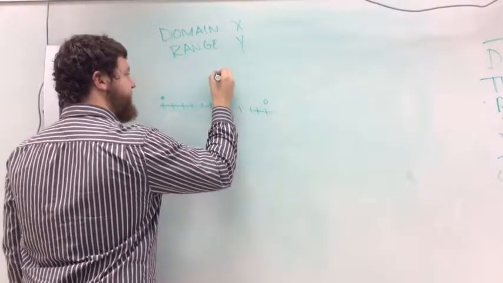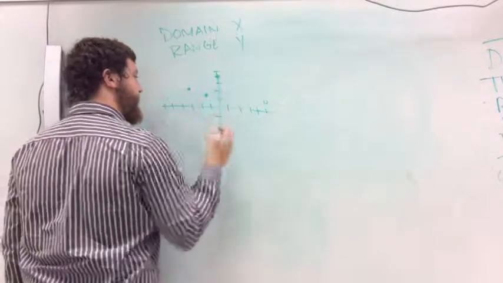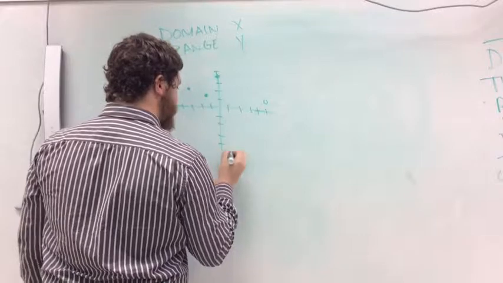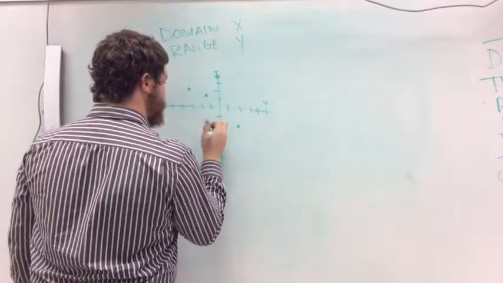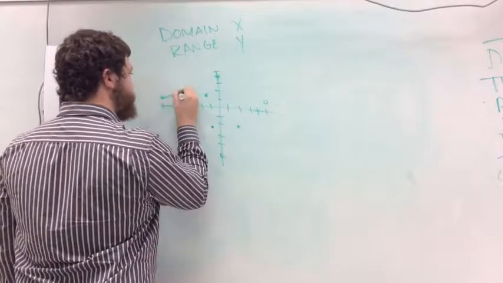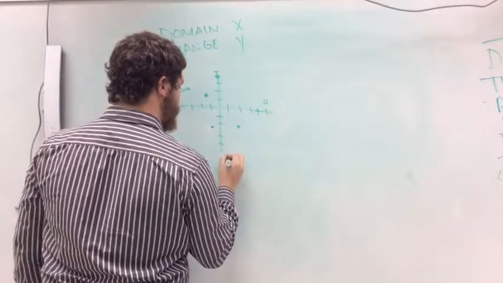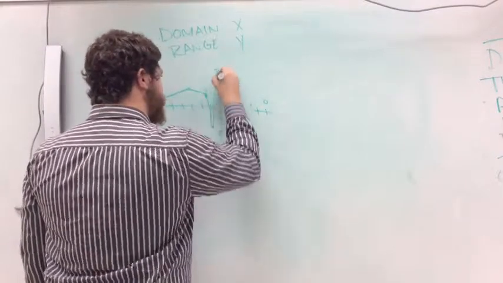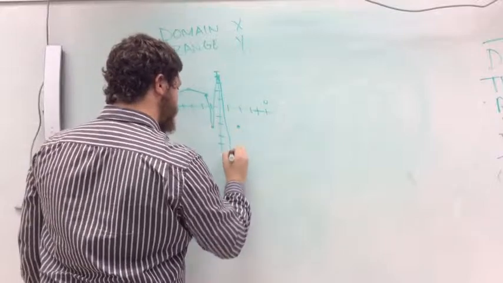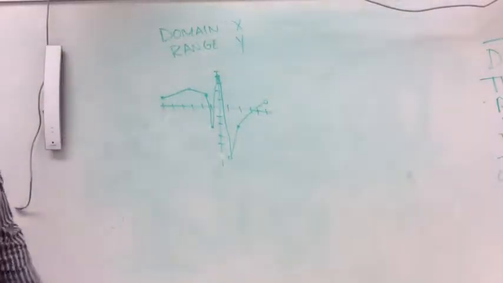I've got a dot up here, a dot there, an open circle down here, and a dot there. I still want to make it a function, so I can't have dots on the same x-value. All right, let's say that's what I've got.